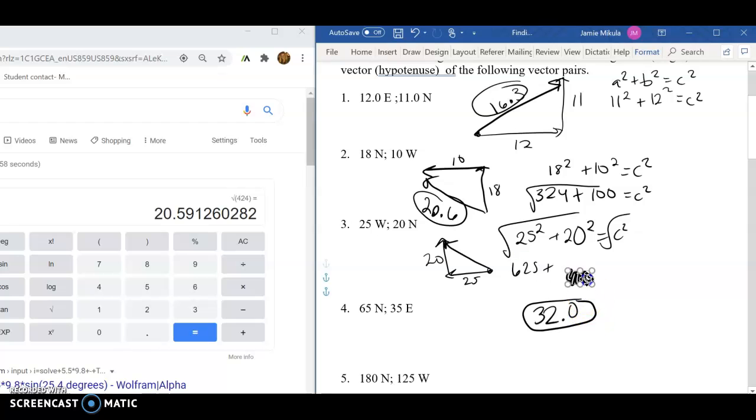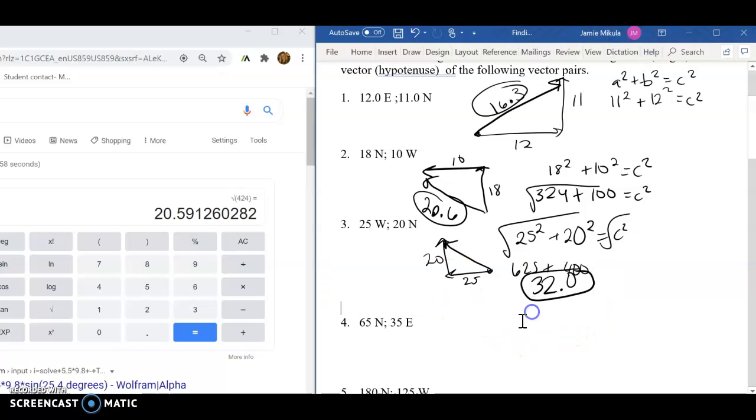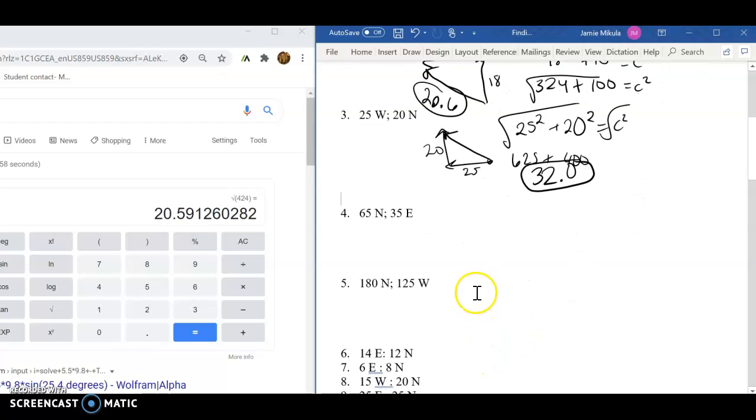All right, number 4. Number 4, you have 65 north and 35 east. So I'm going north and then east. Remember, you have to use the head to tail method, so I can't add that one down here because I wouldn't be using the head to tail.